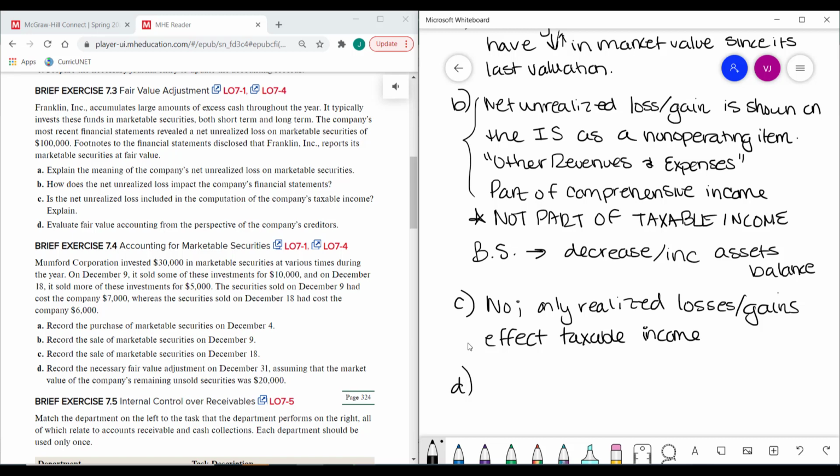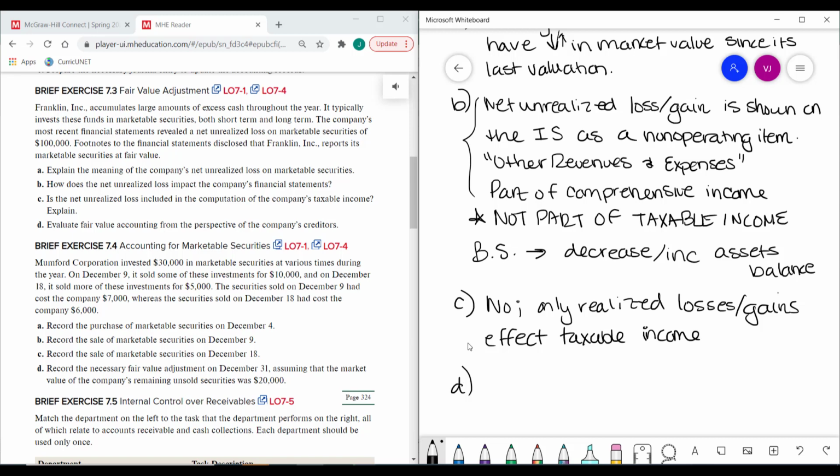So for D, it says evaluate fair value accounting from the perspective of the company's creditors. So they're basically asking us, well, if we didn't actually experience the gain or loss, why record it under the income statement and have it be part of net income and even comprehensive income? Well, now we're basically saying, what's the argument for recording it this way under GAAP?